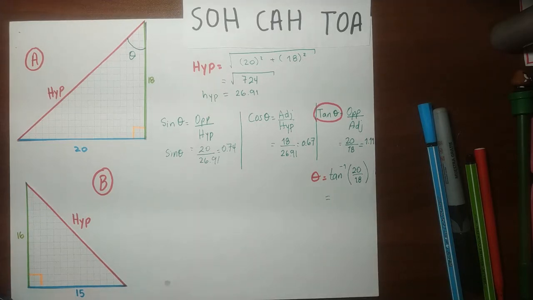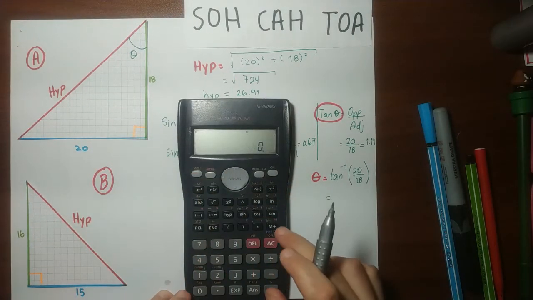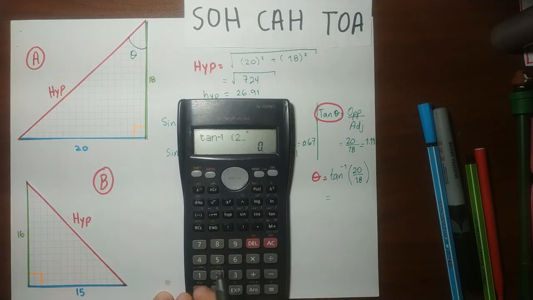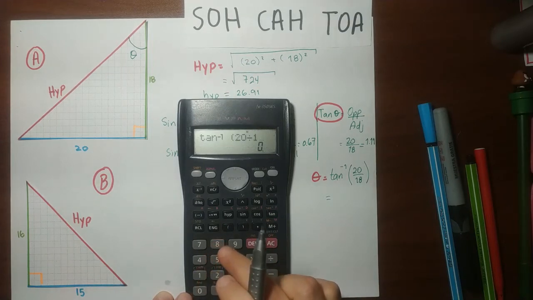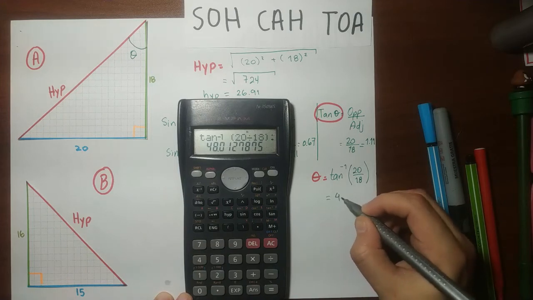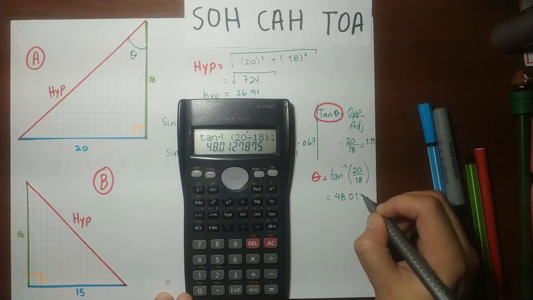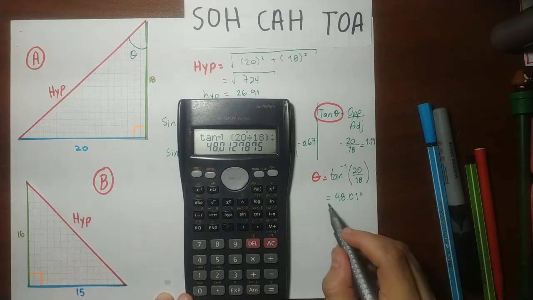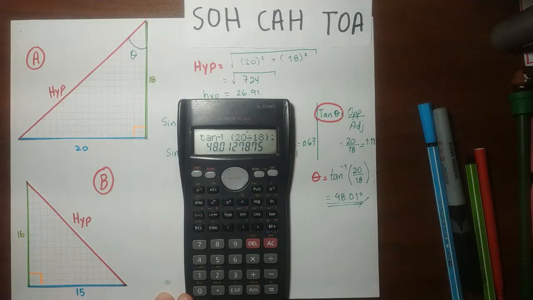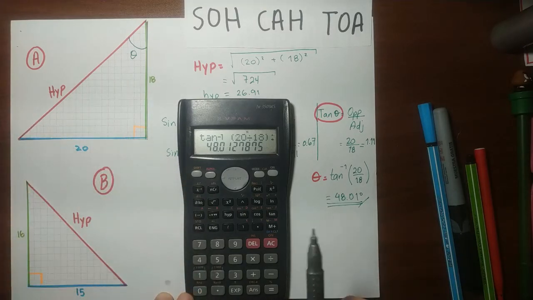So do the math. Remember that in order to get arctangent you have to press shift tan, 20 divided by 18, close parenthesis, equal. My angle right there is 48.01 degrees. So I solved my hypotenuse and my angle by using the three basic trigonometric functions.